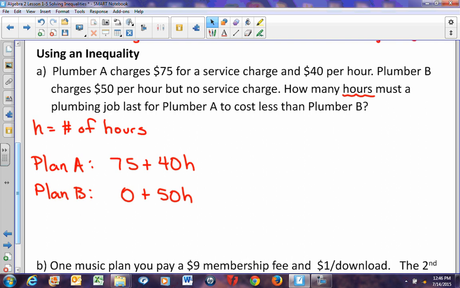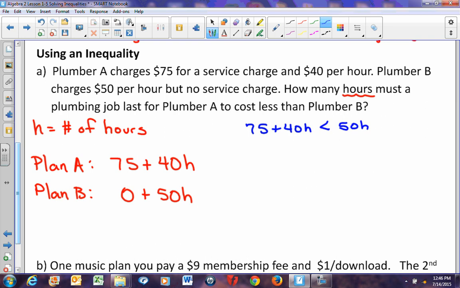It doesn't matter. Now it says, how many hours must a plumbing job last for plumber A to cost less than plumber B? So plumber A, 75 plus 40H, has got to cost less than plumber B, which is 50H. So there's my inequality. 75 plus 40H is less than 50H.